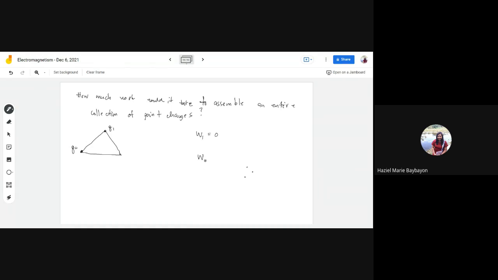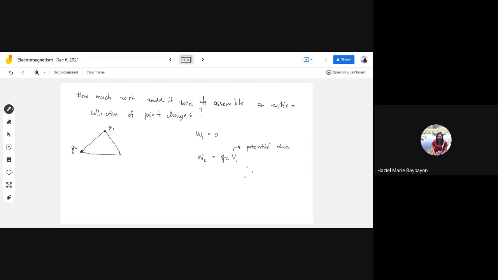So the work that should be done is equal to Q2 multiplied by the potential due to this charge here. So take note that this potential is the potential due to Q1.